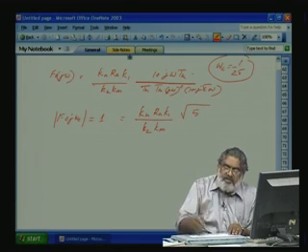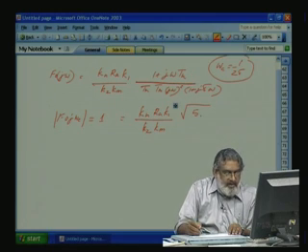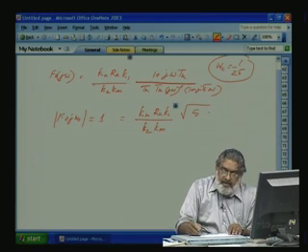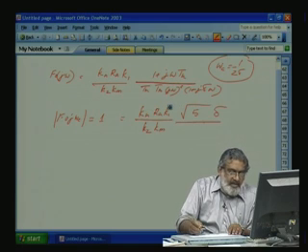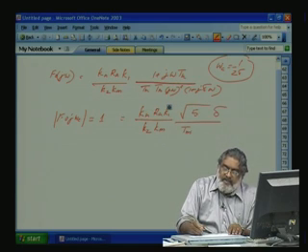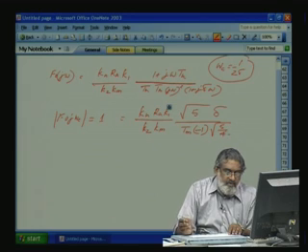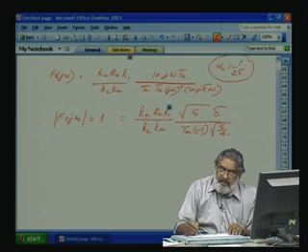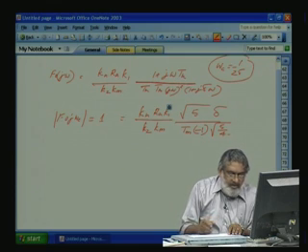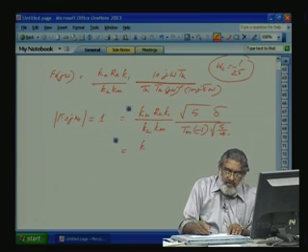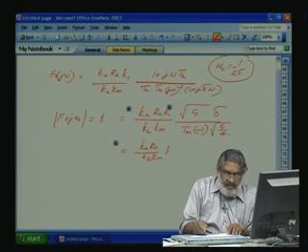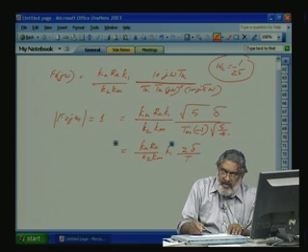So, this will be root 5 into delta by Tm (j omega) square, that is s square, the minus 1 happens, s square into root 5 by 4. If you substitute 1 by 2 delta here, from there we get this. This finally will be equal to Kn Ra K1 by K2 Km into 2 delta by Tm.